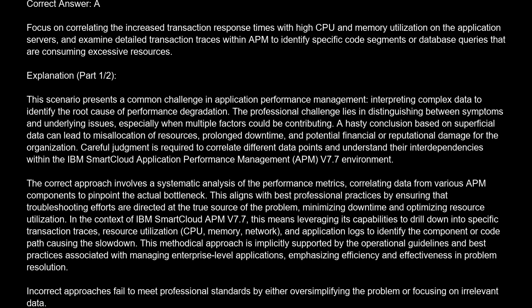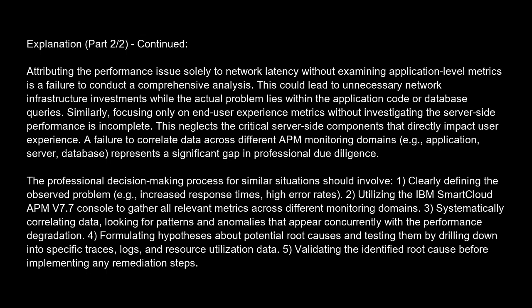Incorrect approaches fail to meet professional standards by either oversimplifying the problem or focusing on irrelevant data. Attributing the performance issue solely to network latency without examining application-level metrics is a failure to conduct a comprehensive analysis. This could lead to unnecessary network infrastructure investments, while the actual problem lies within the application code or database queries.